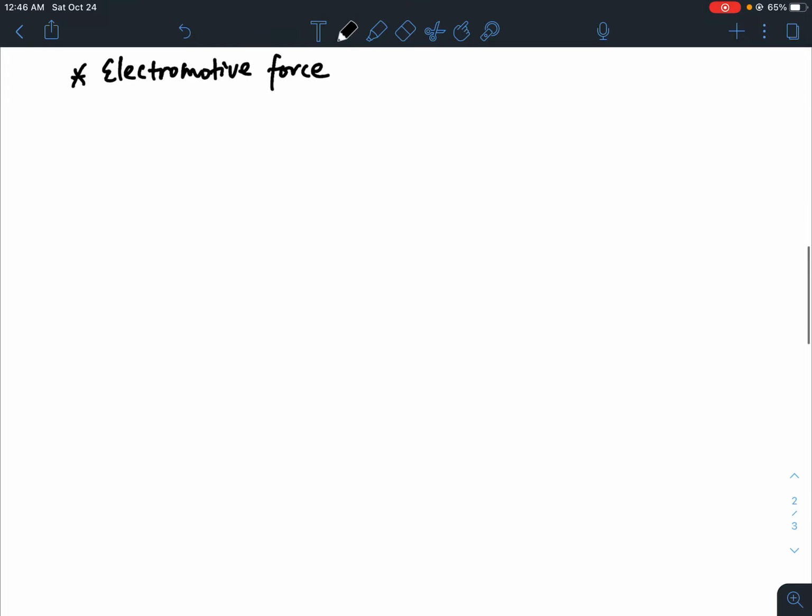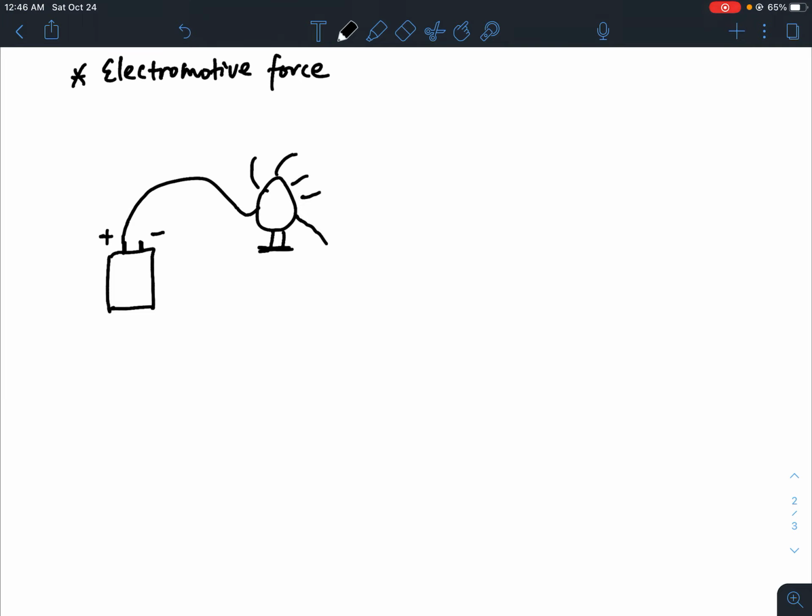Now let us assume we have a battery with plus and minus terminals, and then we have wires and a bulb here, and they are connected back to the negative terminal. So this is what we have.